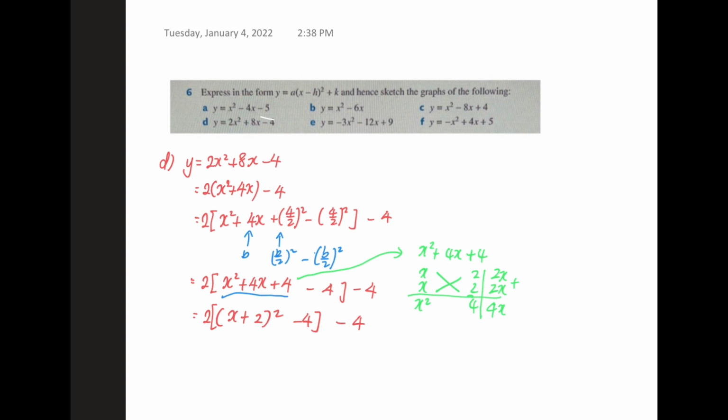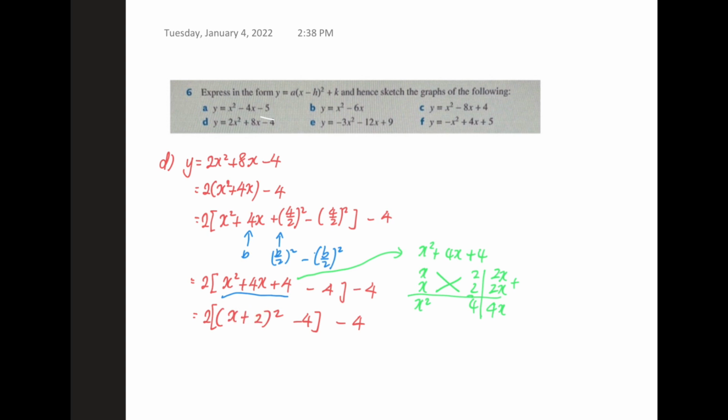You have to make sure that when you add up the 2x and the 2x, you get 4x, the same as the middle term. If that works, then x plus 2 is the first factor, and x plus 2 again is the second factor. So you have the same factors.